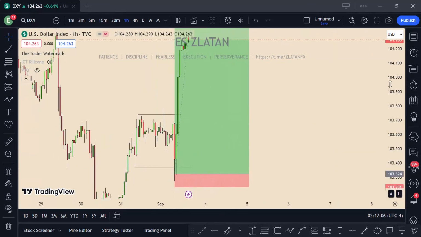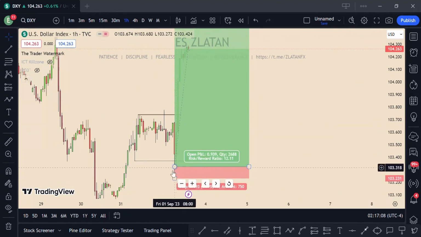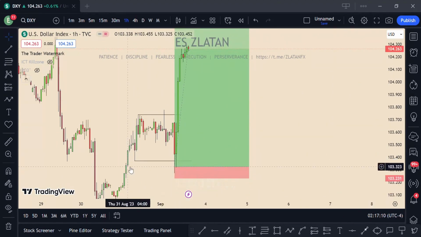So it's more about the key level or the PD array at which price is reacting. You're using that, right? So if you are using an order block, your stop loss is above the body of that order block or the high of that order block when you're selling, or the stop loss is below it when you buy, right?